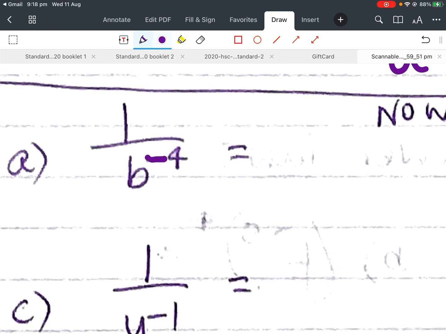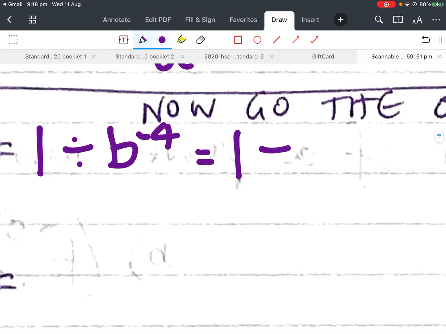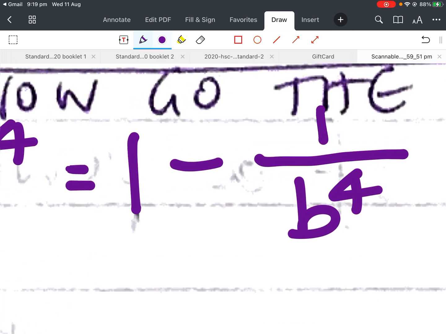Now remember, a fraction line means the same as divided by. So 1 divided by b to the negative 4. So I'm going to do my same thing as I did before. 1 divided by, now b to the negative 4, if you remember, means I'm going to do, here's my negative, so I'm going to do my fraction line. The b and the 4 goes on the bottom, the 1 goes on the top. And that's supposed to be divided by, isn't it?